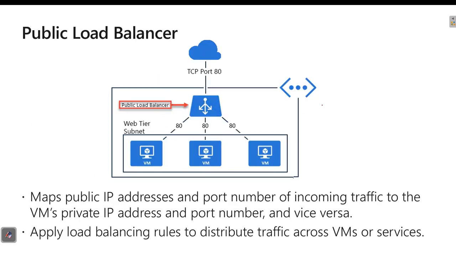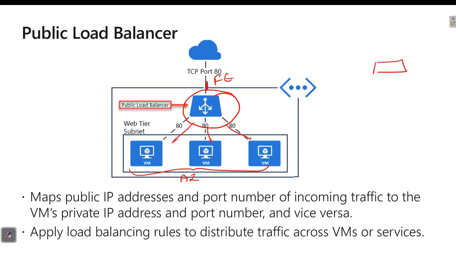We will start with the concept of understanding public load balancer. So here exactly is our three virtual machines in availability zone. We are getting the internet traffic from outside world to the VNet, and in between the internet traffic and my virtual machines in availability zone, I'm going to place this wonderful component, which is the Azure Public Load Balancer, wherein if you see, this is called the front end and these three are called the back end.